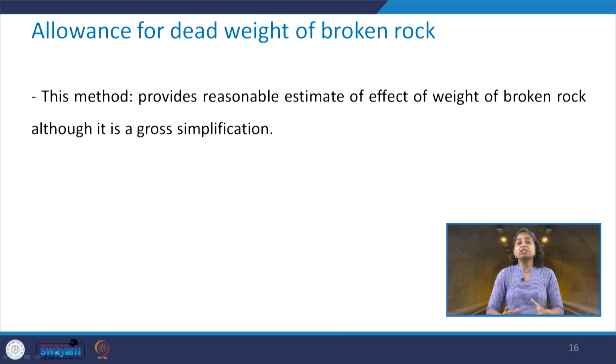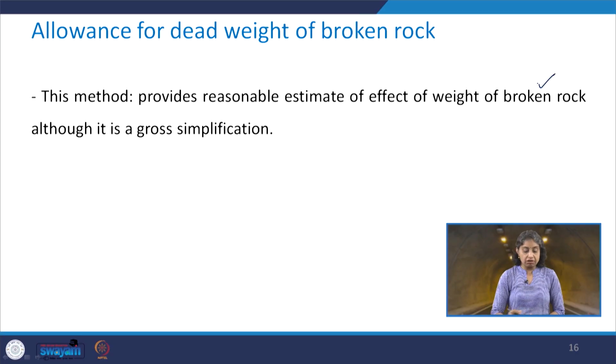This method more or less provides us a reasonable estimate of the effect of the weight of broken rock. Although it is a very gross simplification, for all practical purposes it gives us a reasonable estimate of the effect of the allowance of dead weight of the broken rock for GRC of the roof and the floor.